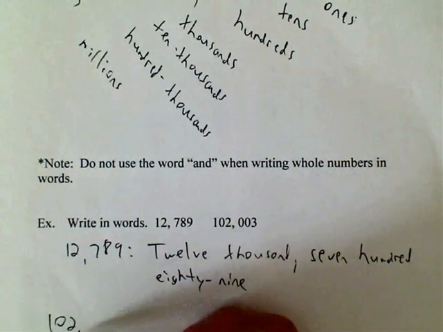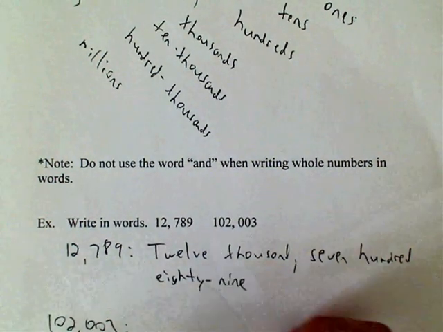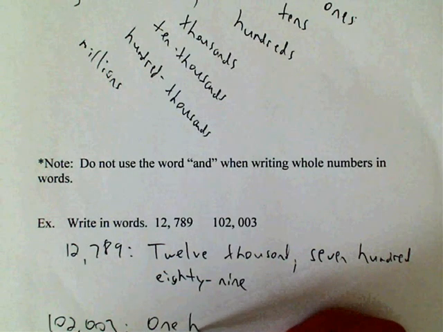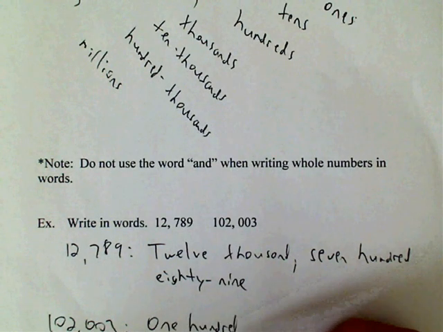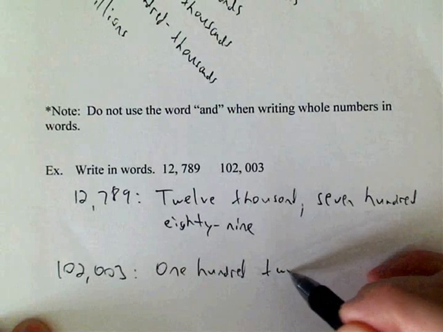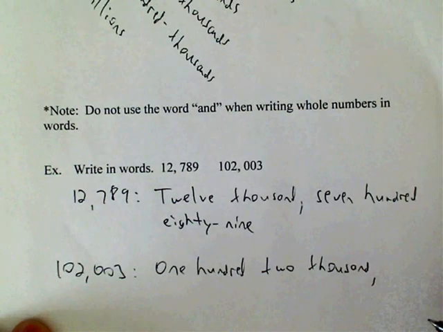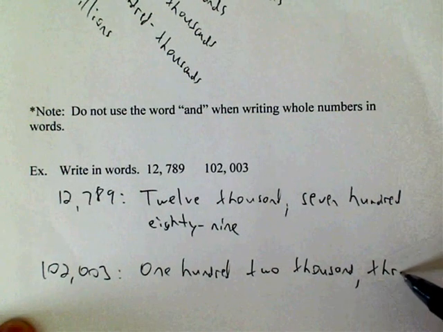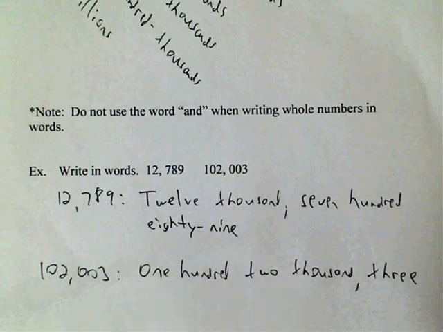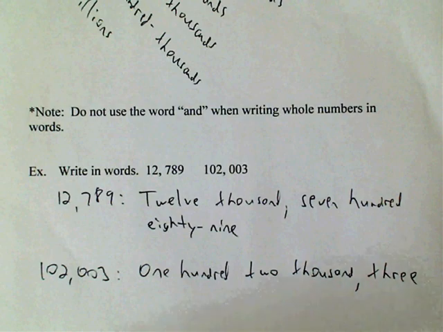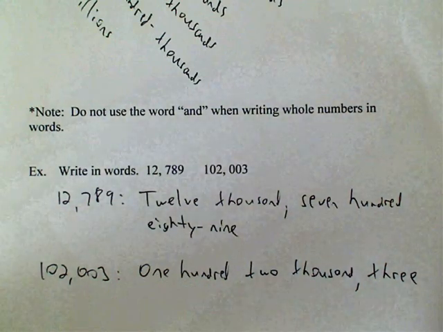Let's do the next number. 100, 2,000. Don't forget the comma. 3. A lot of people want to say "and 3." We don't use "ands" when we're writing whole numbers. So 100, 2,000, 3.